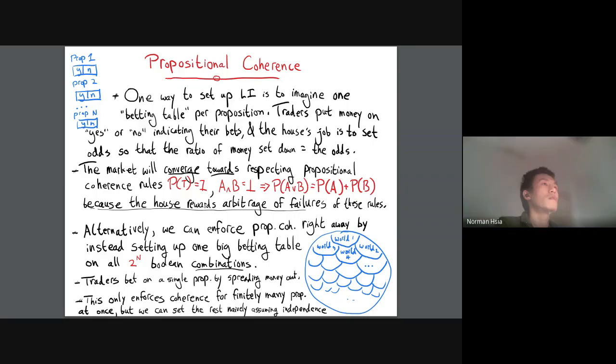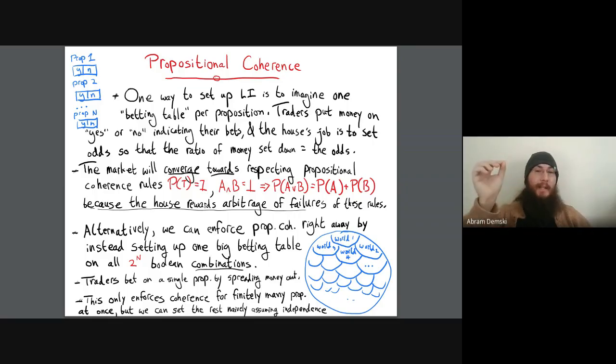I think we also eliminate the worlds that are ruled out by the deductive process, so actually there are somewhat fewer worlds, because the deductive process will prove some theorems that rule some out. But basically you can think there are 2 to the n worlds, and proposition 1, proposition 2, up to proposition n are decided true or false in each of these worlds. And then the traders make bets by specifying what worlds they want to put money down in.